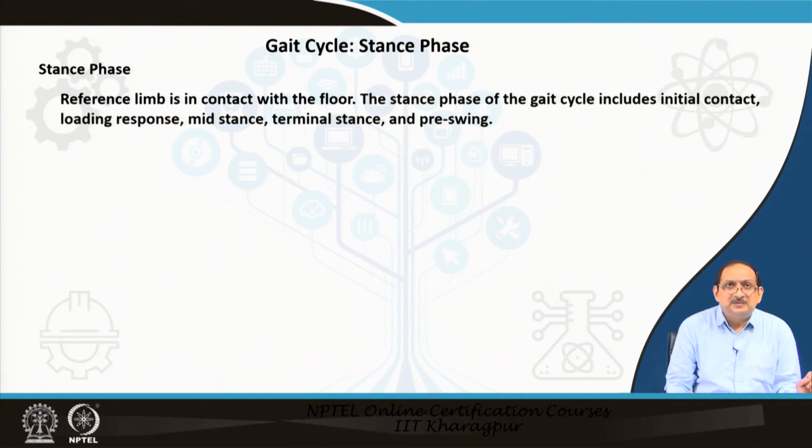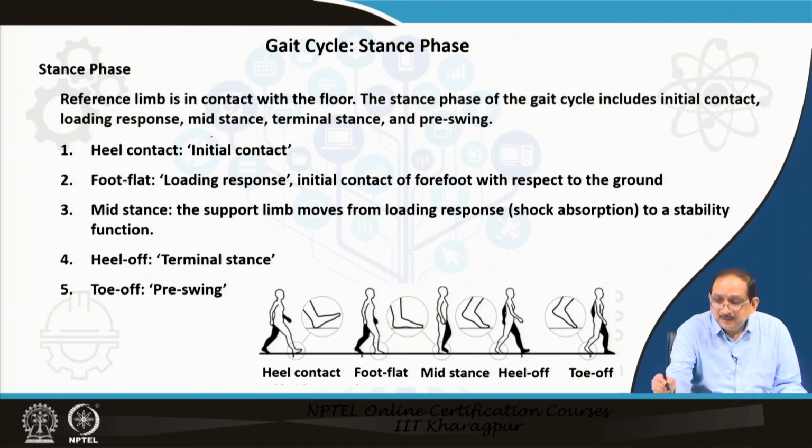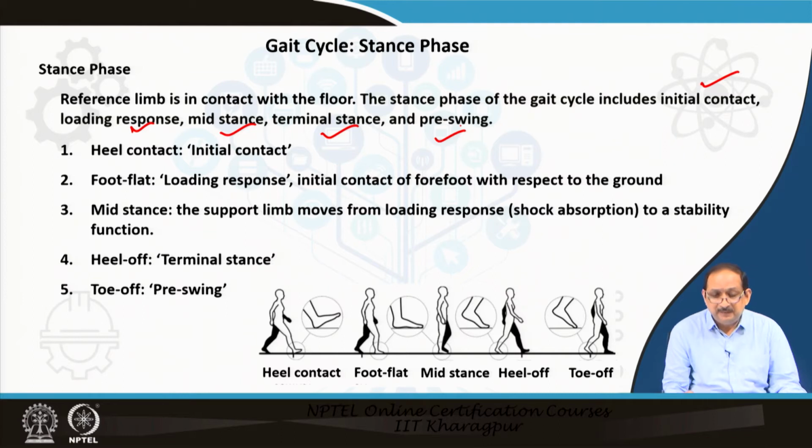Now, in the stance phase of the gait cycle, the reference limb is in contact with the floor. The stance phase includes initial contact, loading response, mid stance, terminal stance and the pre-swing. The heel strike is the initial contact, the foot flat is the loading response phase, the initial contact of the forefoot with respect to the ground.